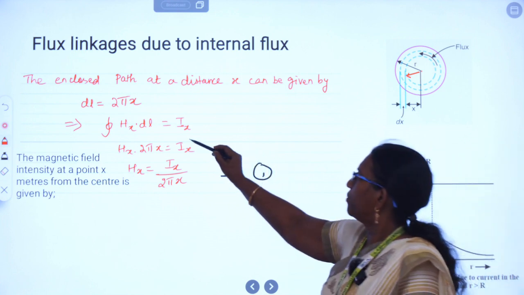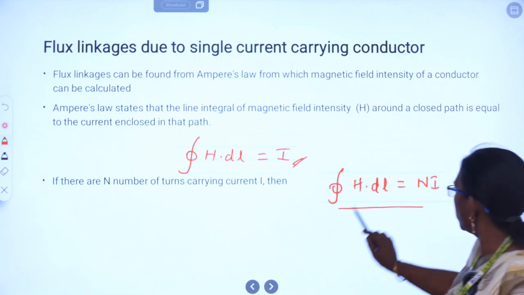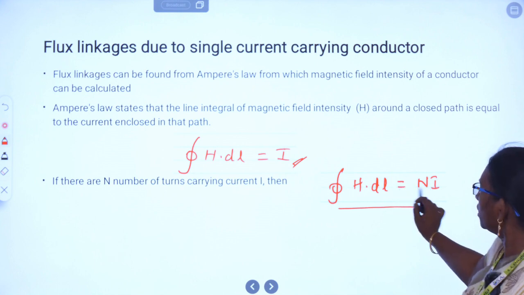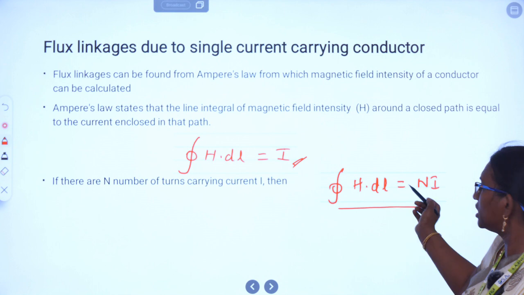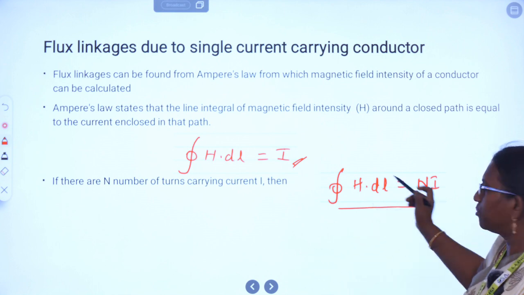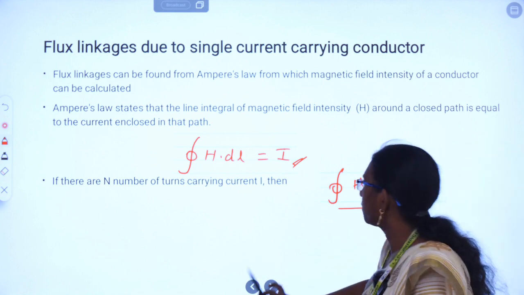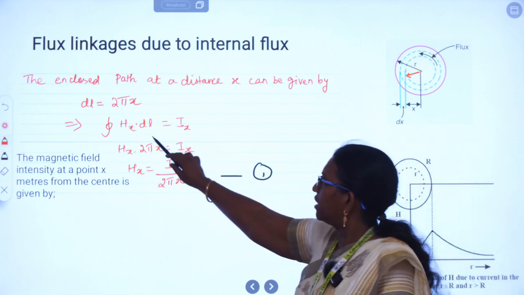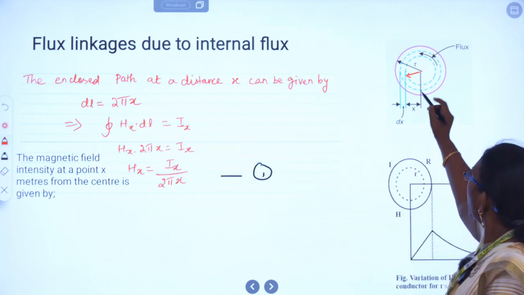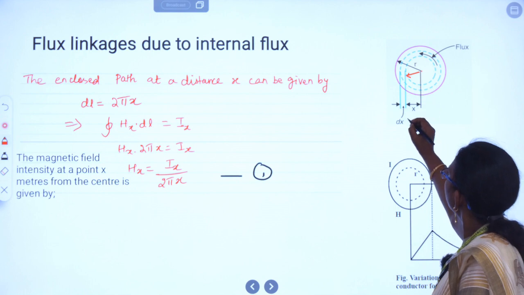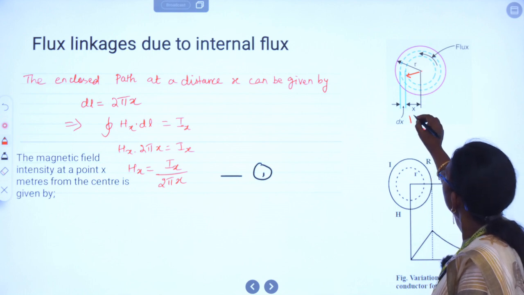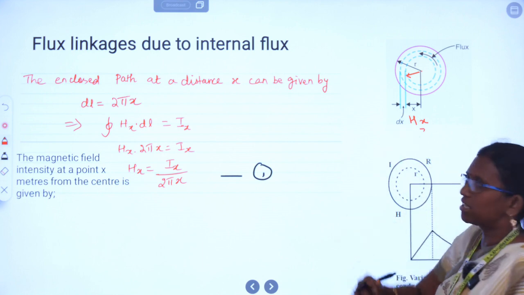So the previous equation, H dot dl equal to NI, considering initially a single conductor or single turn conductor, N can be taken as 1, and instead of H, at the point of x distance, the magnetic field intensity is going to be Hx.